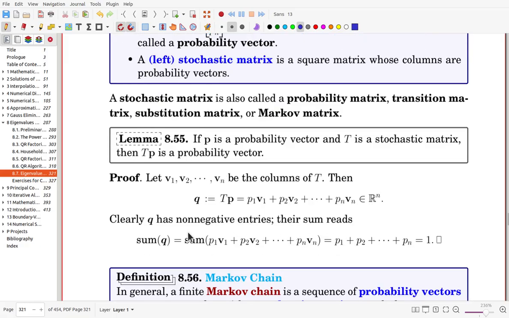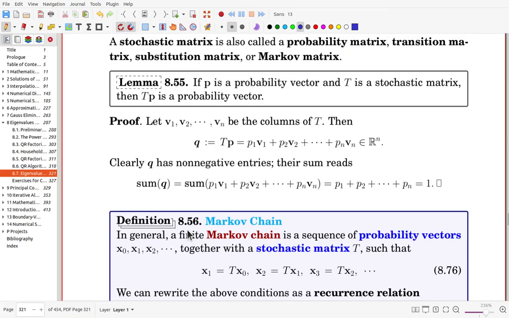Here we have a lemma. If P is a probability vector and T is a stochastic matrix, then their multiplication TP is a probability vector.